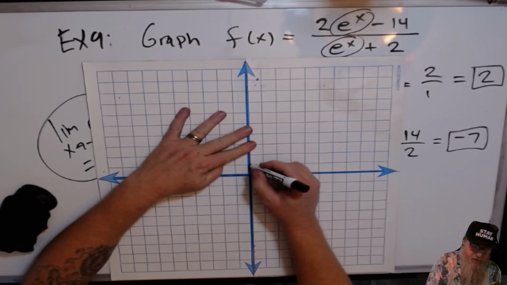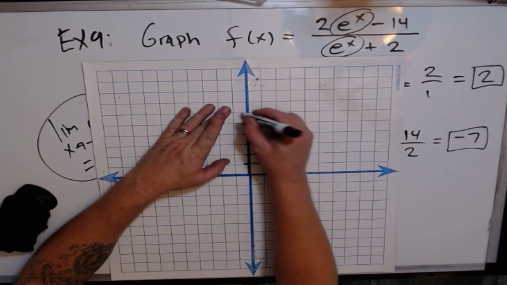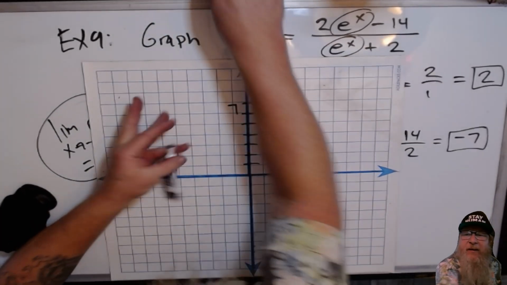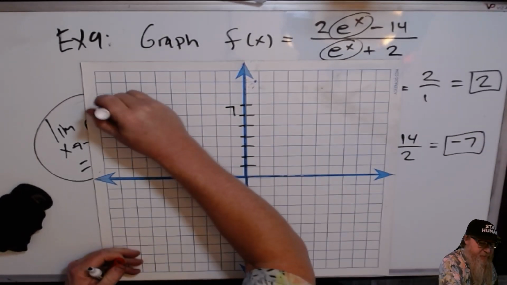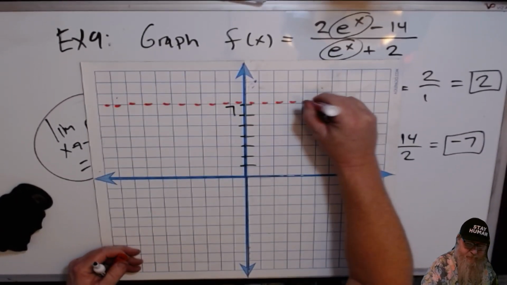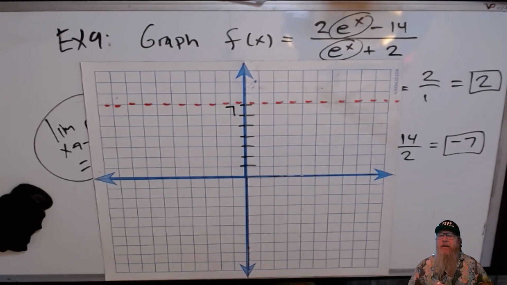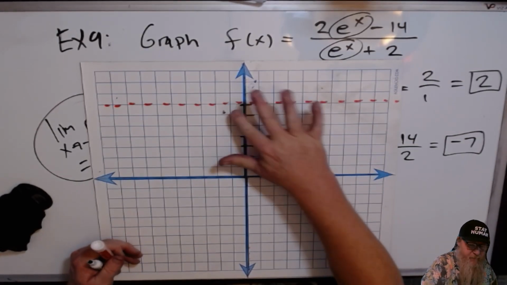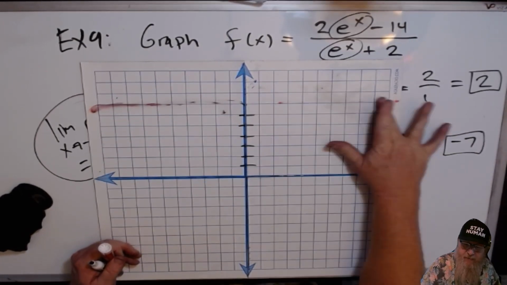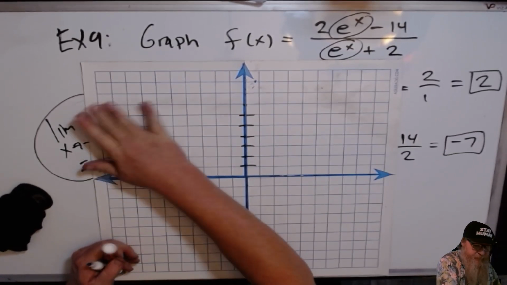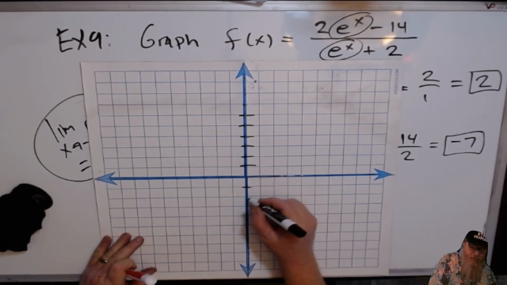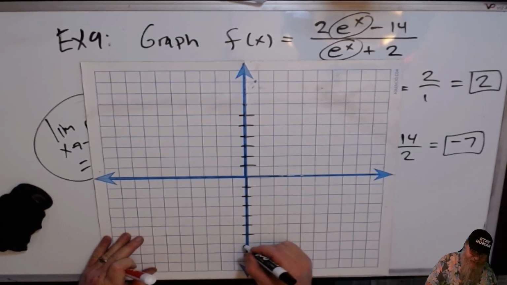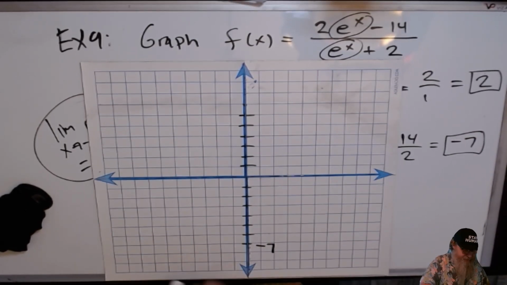All right, so we're going to go 1, 2, 3, 4, 5, 6, 7. And put an asymptote. All right, and then we're going to go, oh, shoot, that's the wrong one. It's -7. The other 7. 1, 2, 3, 4, 5, 6. -7.